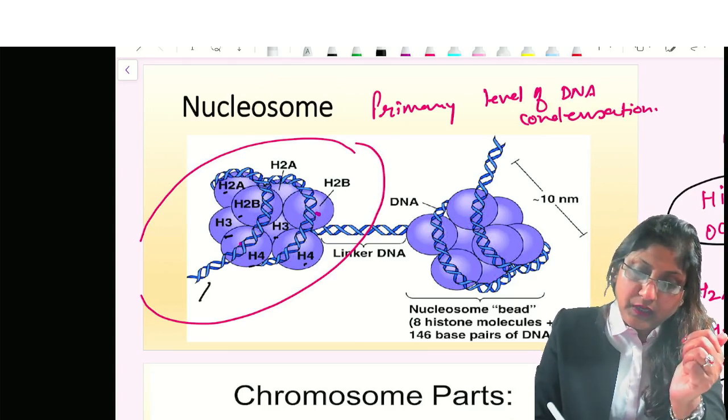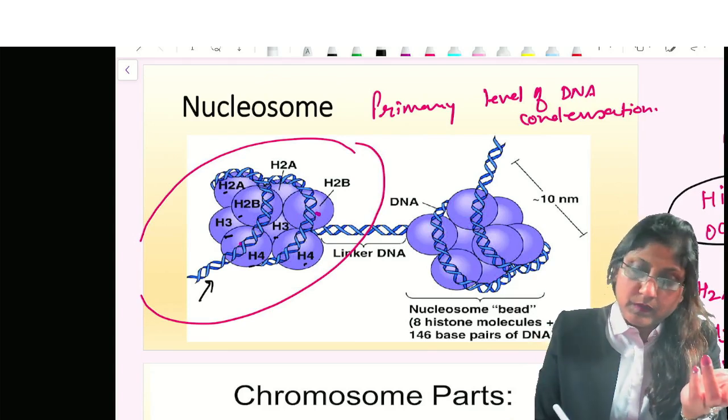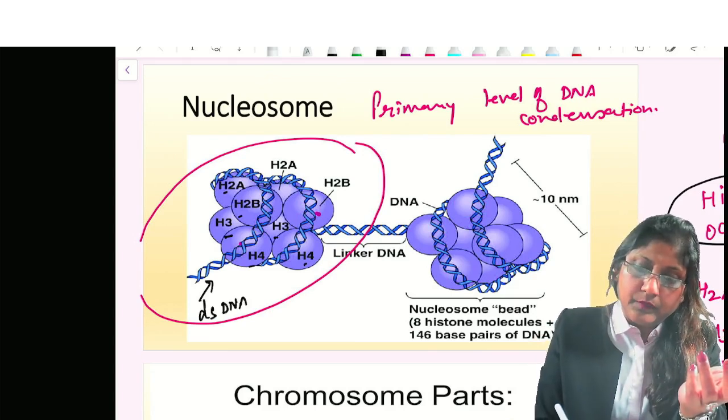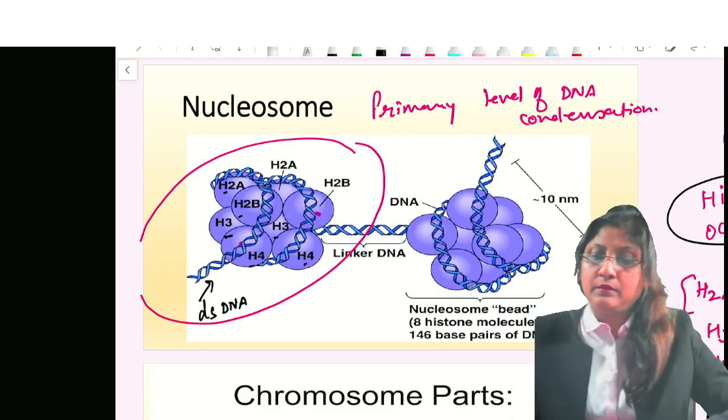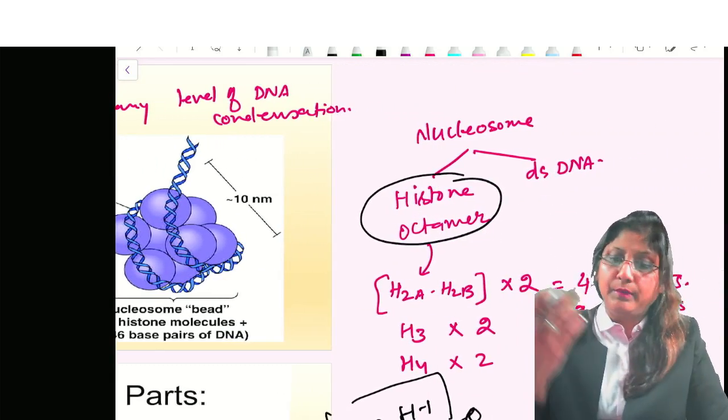Now can you see the spring-like structure which is wrapping around this histone octamer? This is nothing but double-stranded DNA. And how much wrapping? Whether it is a complete 1 turn, complete 2 turn or incomplete 2 turn.